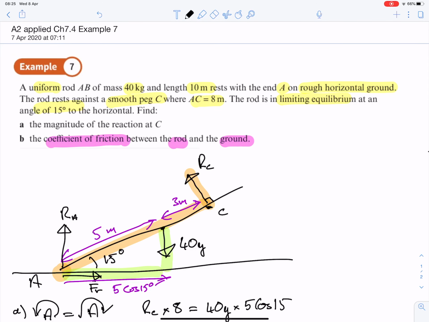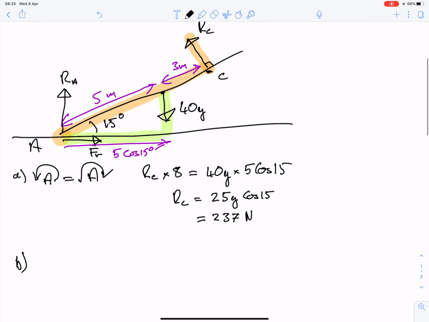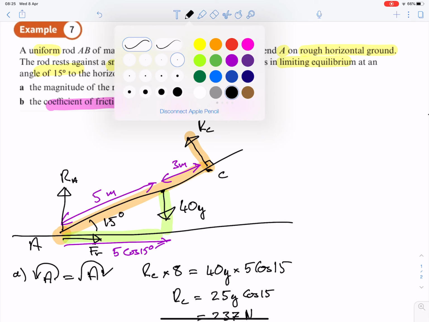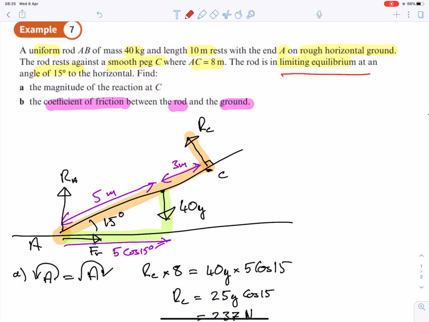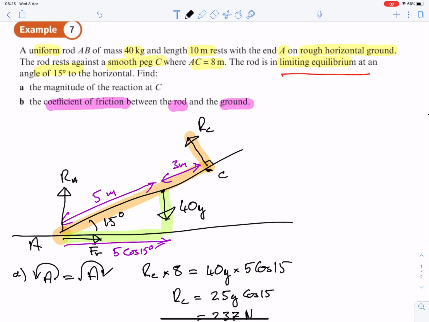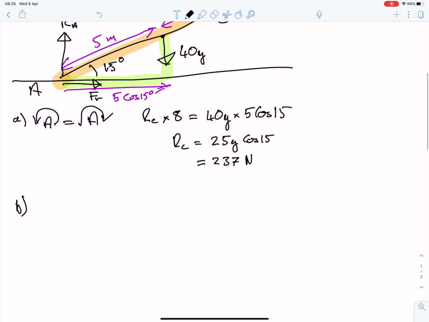It's in limiting equilibrium, if we go back to the question. So we know then, on point of slipping, friction is equal to mu R.